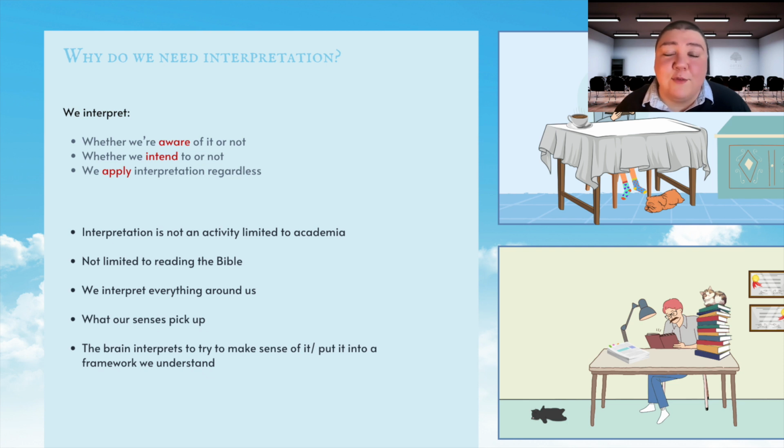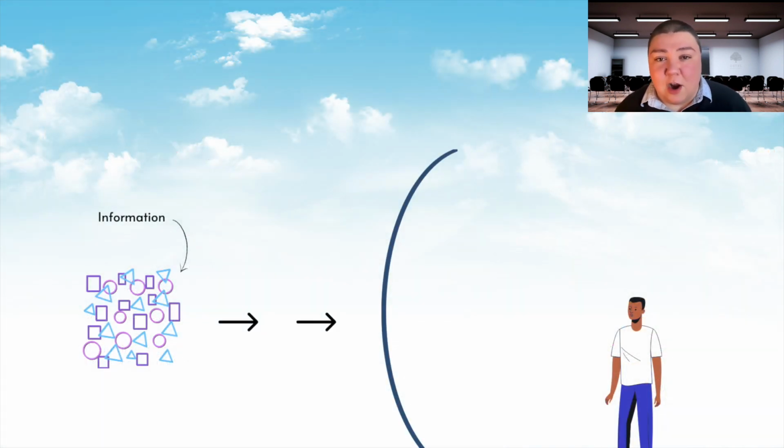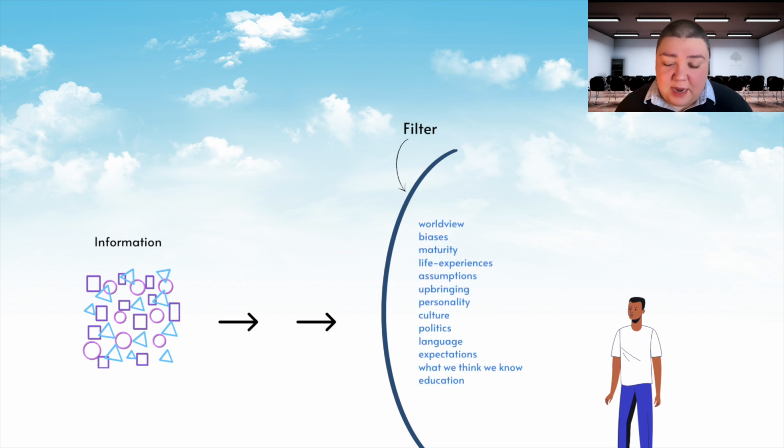Everything we perceive, everything our senses pick up, all the information we take in, our brain interprets it to try to make sense of it. And so all the information that our bodies, our minds receive go through a filter made up of elements as complex as we are as human beings, a filter made up of our worldview, our biases, our maturity, life experiences, our assumptions, upbringing, personality, our culture, politics, language, our expectations, what we think we already know, our education.